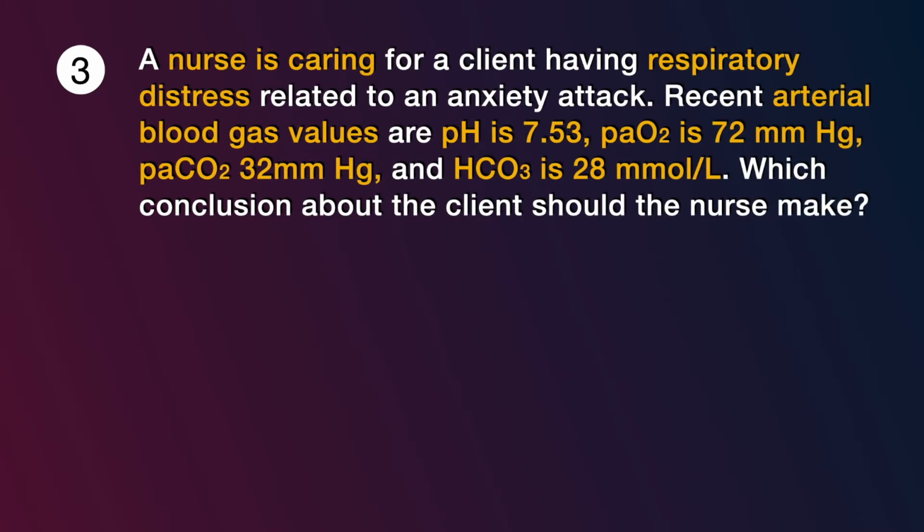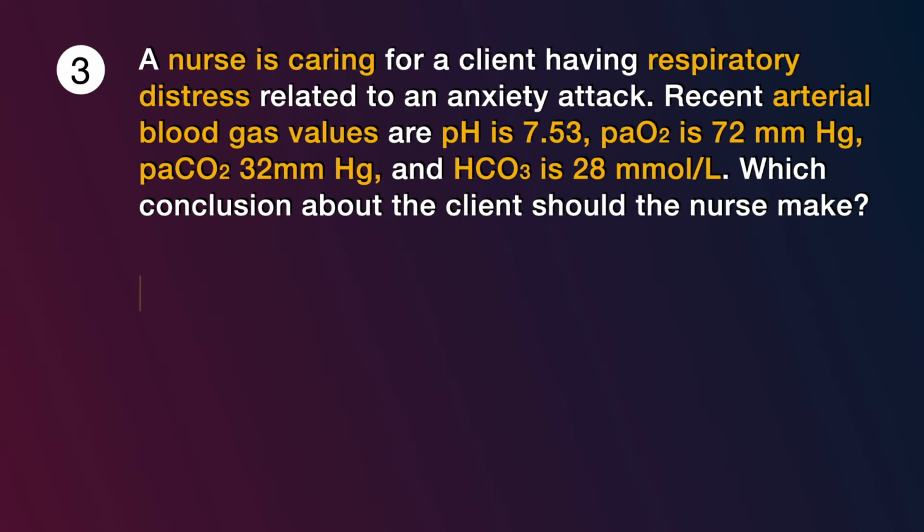Question number 3. The nurse is caring for a client having respiratory distress related to an anxiety attack. Recent arterial blood gas values are pH 7.53, PaO2 72 mm Hg, PaCO2 32 mm Hg, and HCO3 28 mmol per liter. Which conclusion about the client should the nurse make?